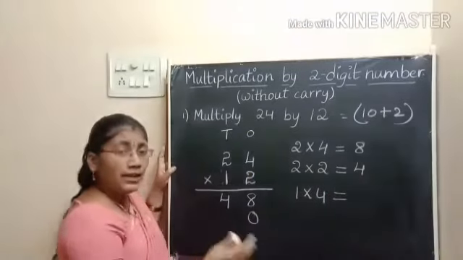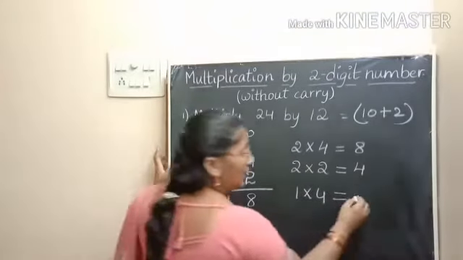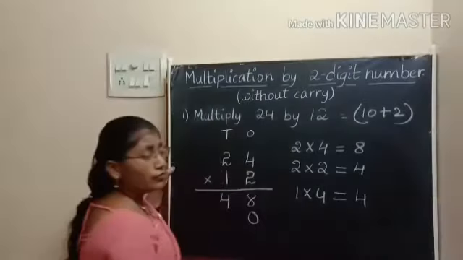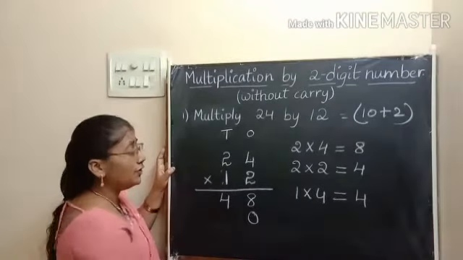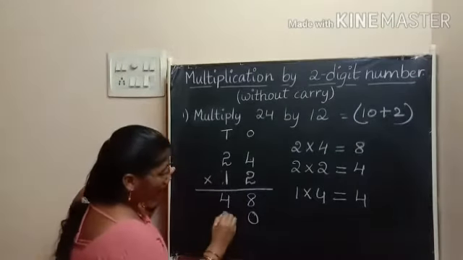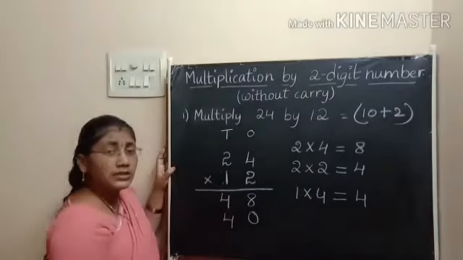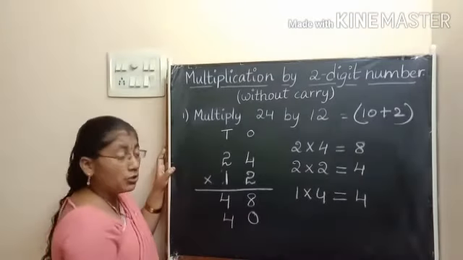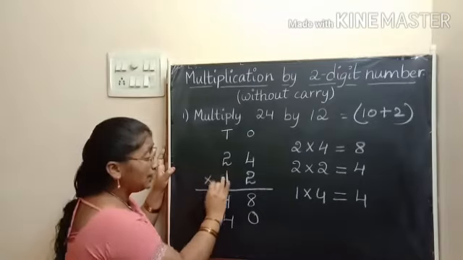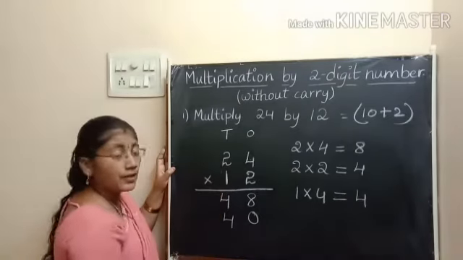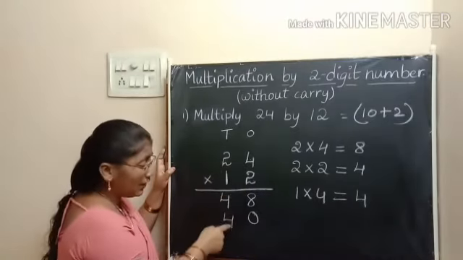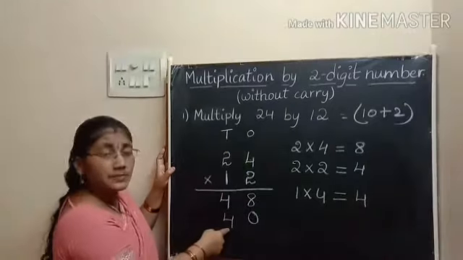By multiplying any number with 1 we get the same number, so 4 only. Now we write 4 in tens place. Why? Because we are multiplying with 10. That's why we are writing it in tens place.